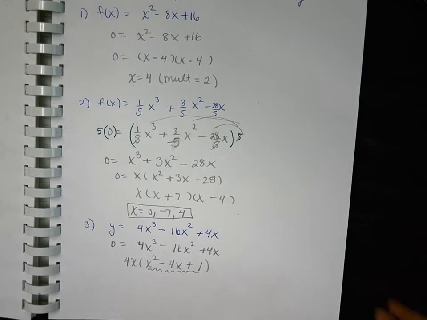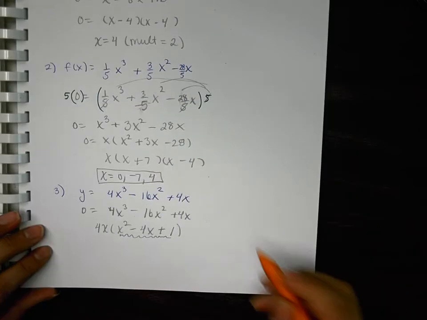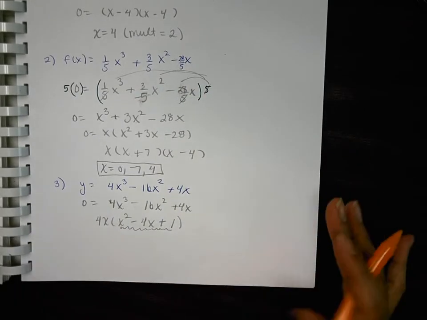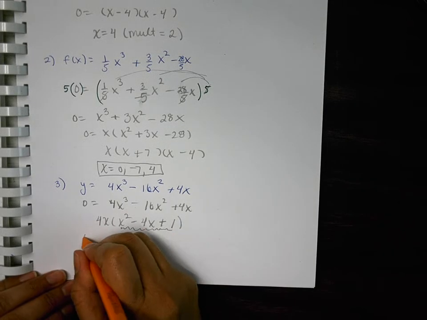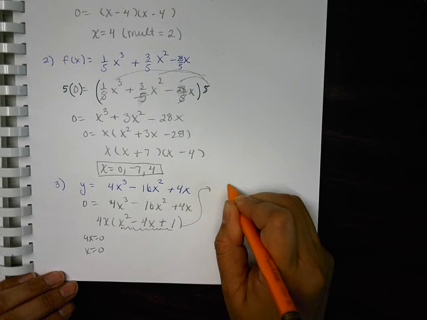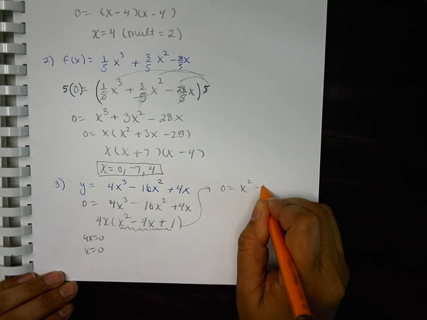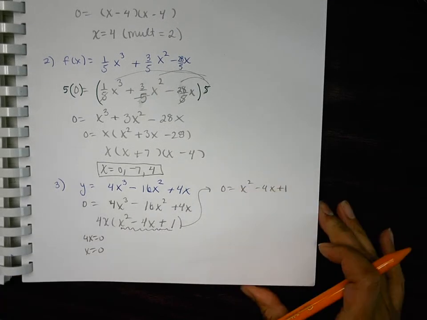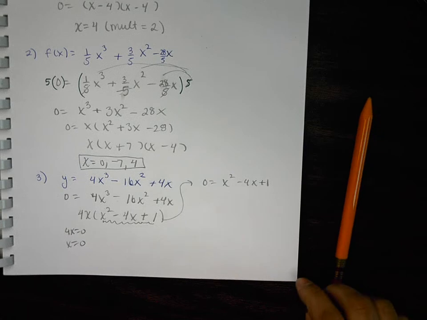All right. So I'm just going to do it really quick here since I don't have the work in my notebook. 4x equals 0. That means x equals 0. 0 equals x squared minus 4x plus 1. Since I did the steps slowly, I'm going to go quicker now. What do we do with this one?